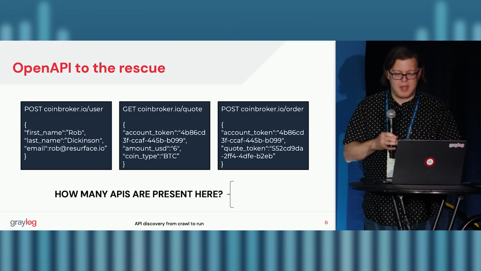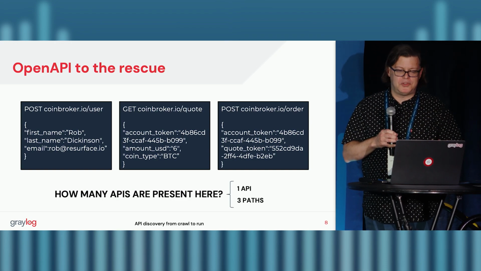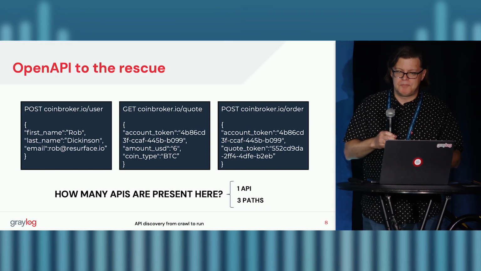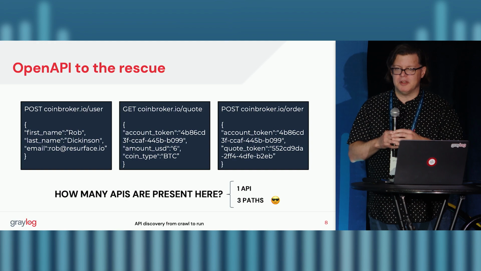And we think that OpenAPI, and obviously GraphQL follows the same pattern as far as having a spec that describes the integration, but we really think that specification-based descriptions are the most beneficial. And when we take OpenAPI and apply it to this example, most people will say that there's 1 API and it has 3 paths. And that now feels pretty good.